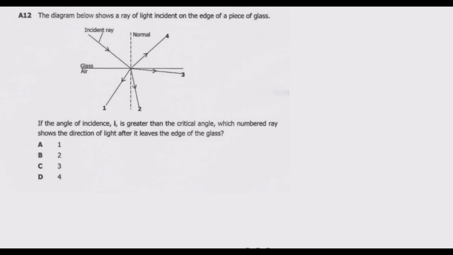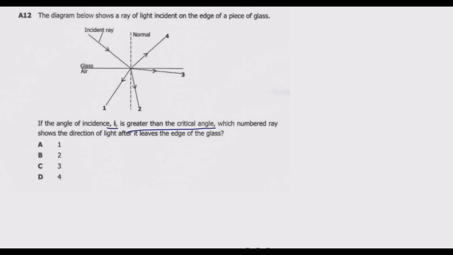We move to question 12. Question 12 reads, the diagram below shows a ray of light incident on the edge of a piece of glass. If the angle of incidence I is greater than the critical angle, which numbered ray shows the direction of the light after it leaves the edge of the glass?